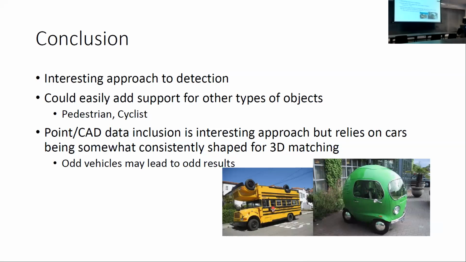So because they're augmenting the data set with what they have, you can't be 100% sure what the point is. So that could lead to some issues with testing and training, possibly overinflating what they've actually found in their results. So odd vehicles may lead to odd results, but that's the same with any learning in general. If you haven't seen it, you're not going to do well on it.